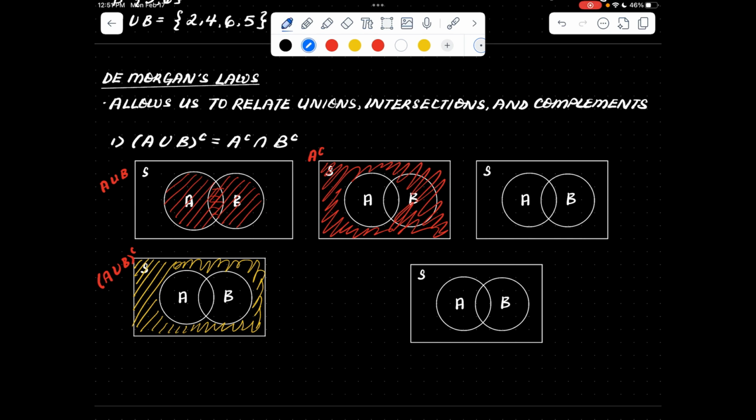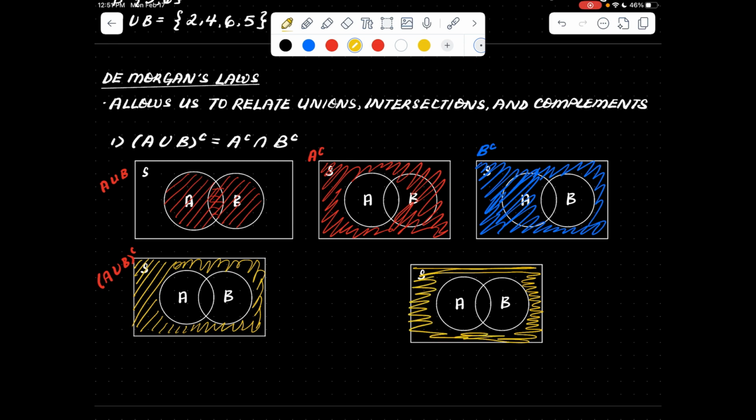The complement of B, B complement, is everything that is not in B. The intersection of those two events is everything outside both A and B, which happens to be this yellow region here.